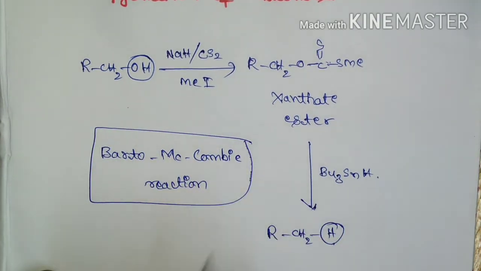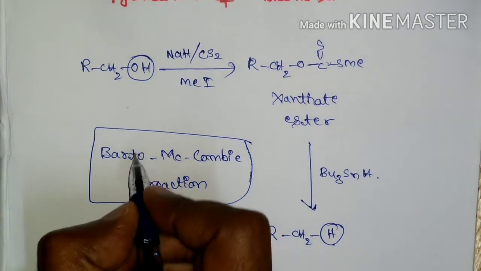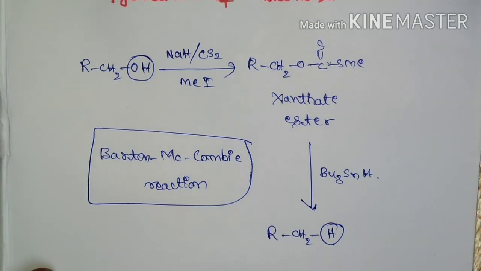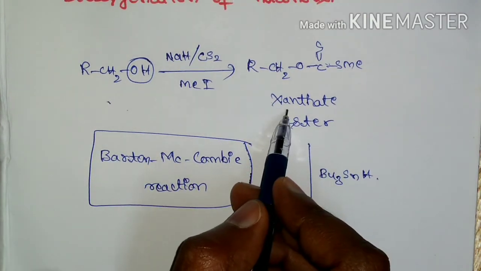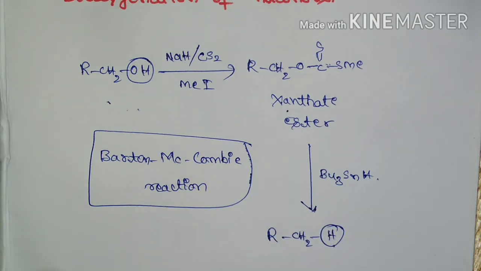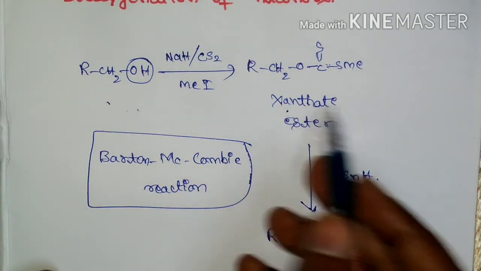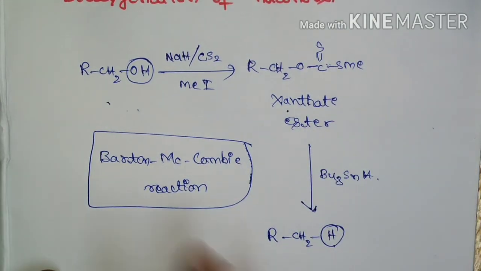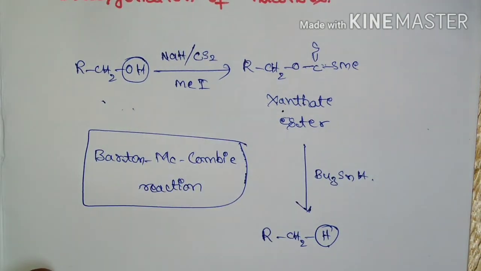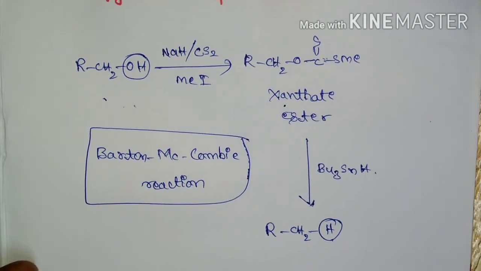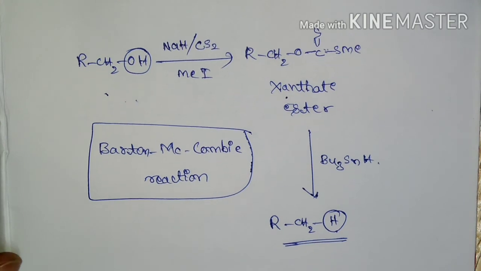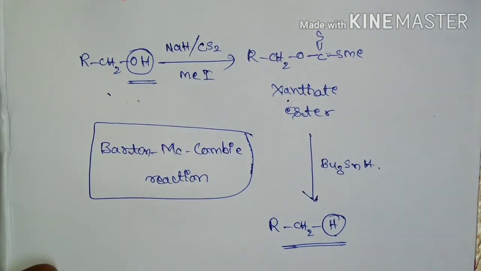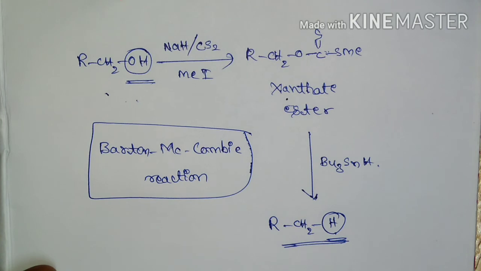This is one of the important reactions. This step you can remember is similar to the Chugaev reaction. In the Chugaev reaction the final step is heating, but if the same xanthate ester is treated with tributyl tin hydride, we get the corresponding hydrocarbon derivative in which the OH group is replaced by hydrogen.